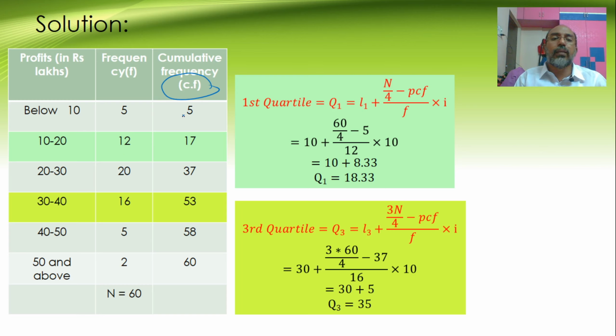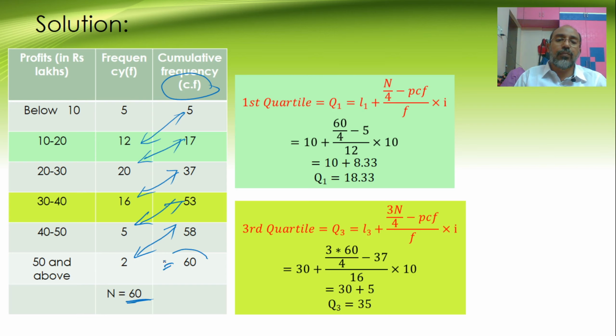So we calculate just like this: 5 plus 12, 17; 17 plus 20, 37. In this way you will get the cumulative frequency. This is n. By totaling the frequency you will also get the same answer.